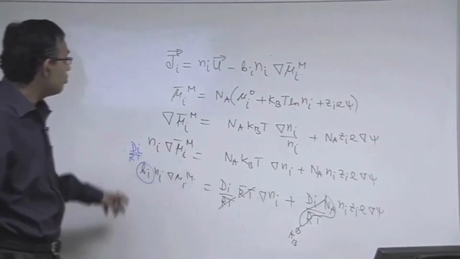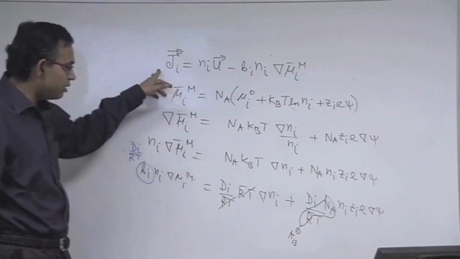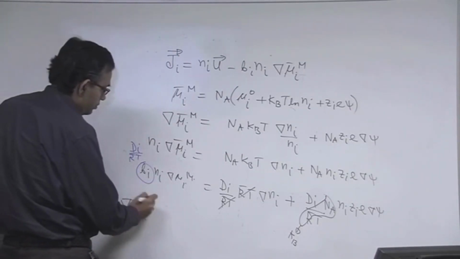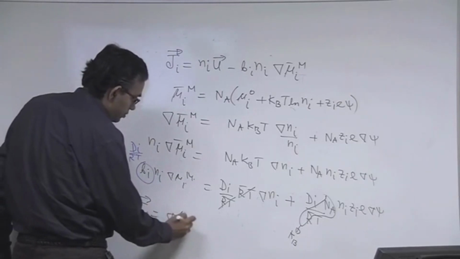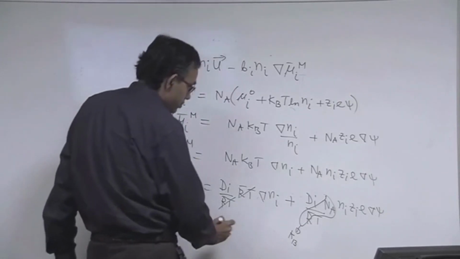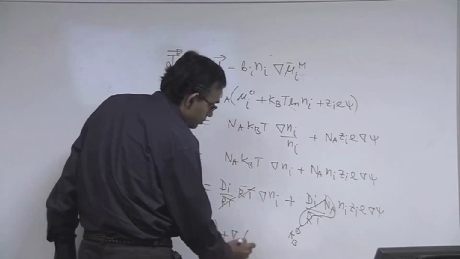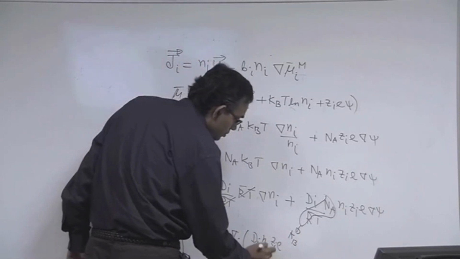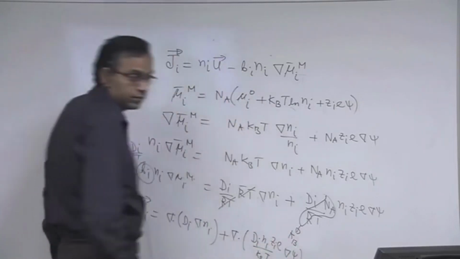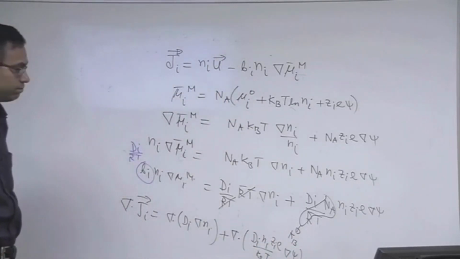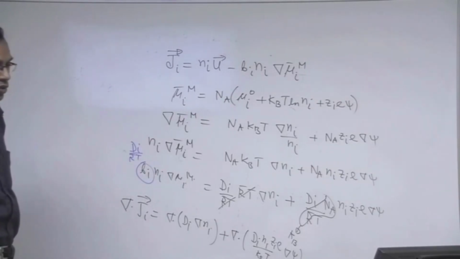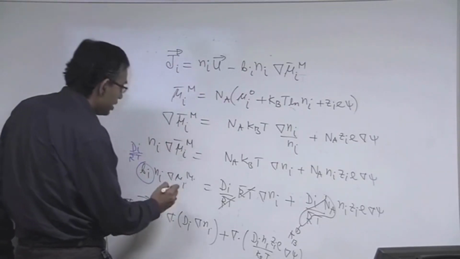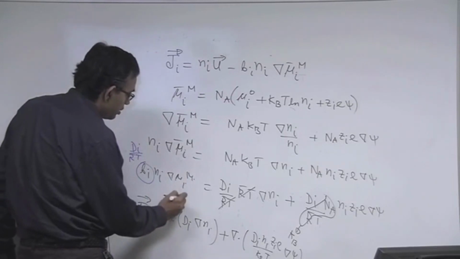So now when you take the divergence of J, you also have the first term, which is the advection term, del dot N_i u.